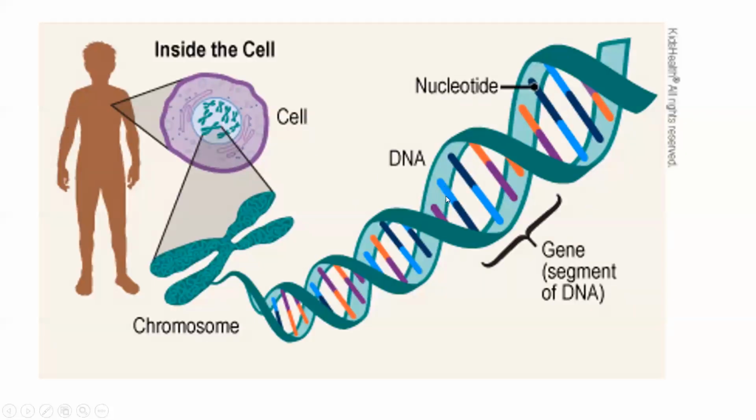The DNA are inside of the genes, the genes are inside of the chromosomes, the chromosomes inside of the nucleus, the nucleus inside of the cell, and the cell inside of the human body.